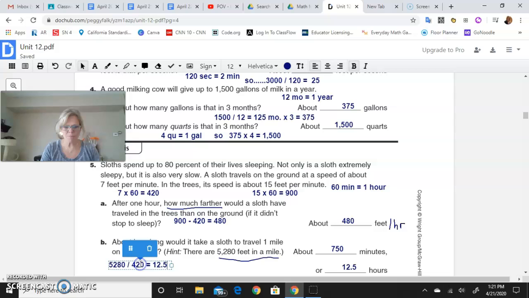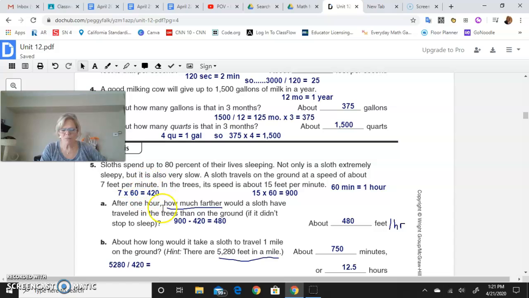This is supposed to be 900. Oh, you know what? Nope, I was right. Okay, I was looking at something. About how long would it take a sloth to travel on the ground for 1 mile?